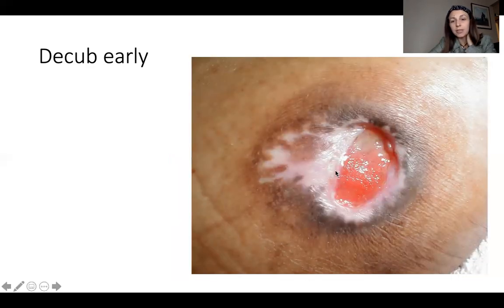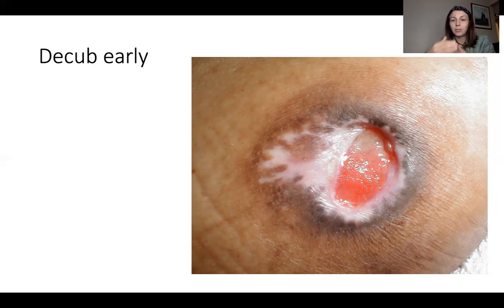Without capillary refill, we see that this tissue isn't getting what it needs, and here it starts to deteriorate away. You can see the granulation tissue trying to heal under here. So even though this is getting worse, the body itself is trying to keep it healing.